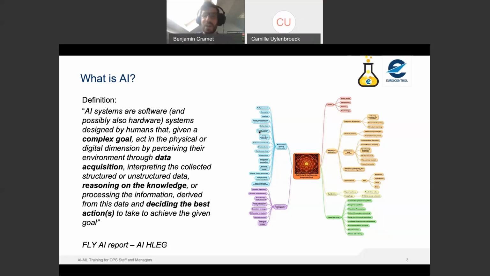So AI systems are software. Basically algorithms, things that run on a machine, simple. Possibly hardware. Here you have to think of robots.